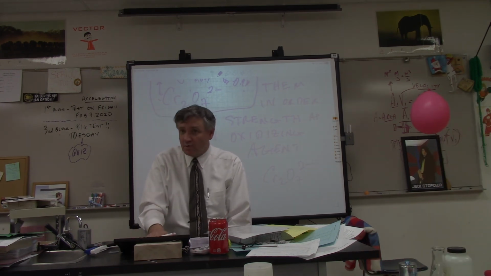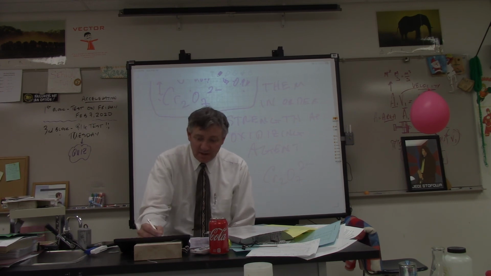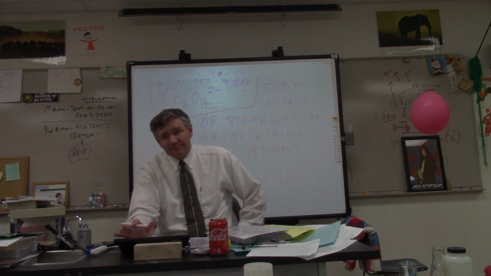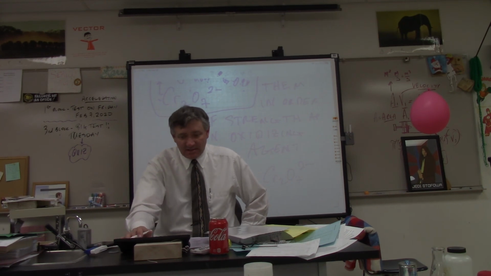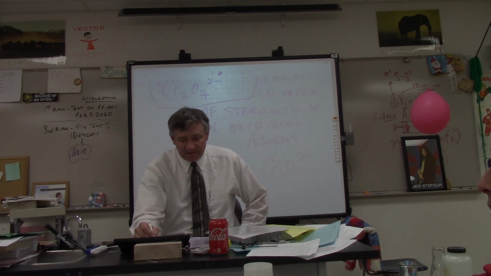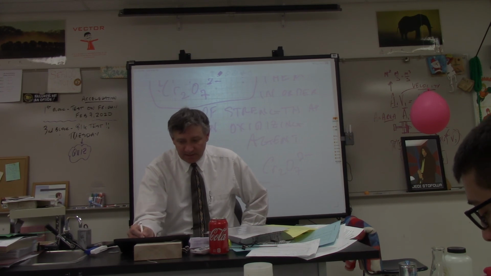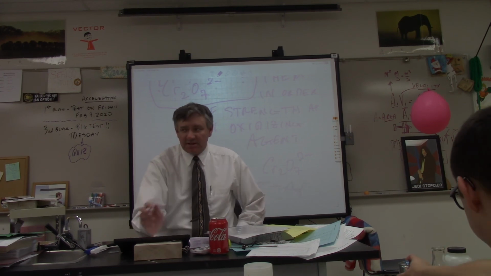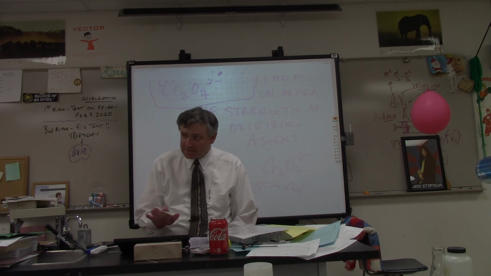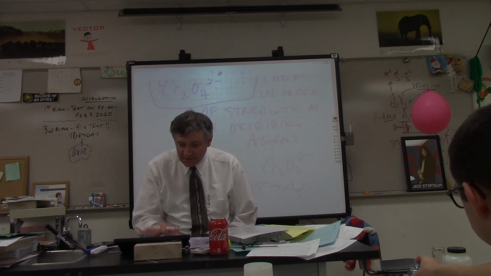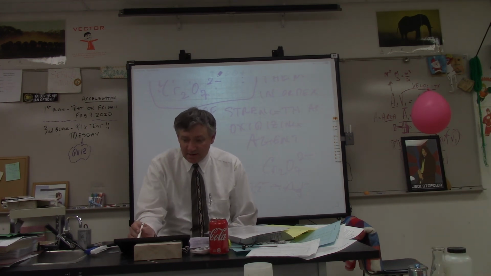Elemental silver would be bad at it, because if you say silver is a good oxidizing agent, what you're saying is that silver by itself would be willing to take in an electron and turn into Ag1 minus.